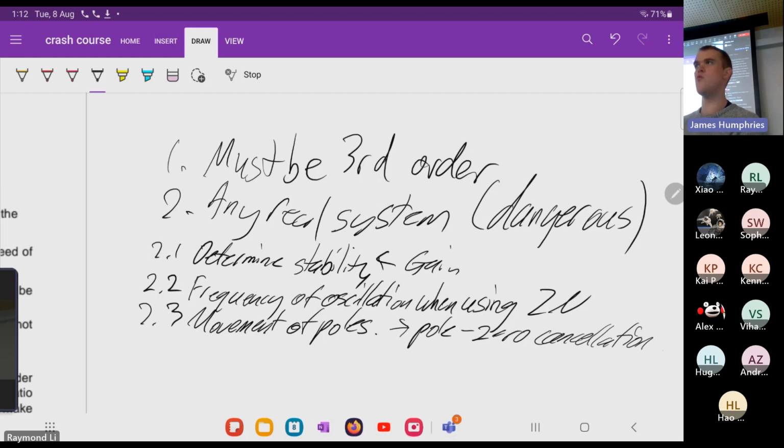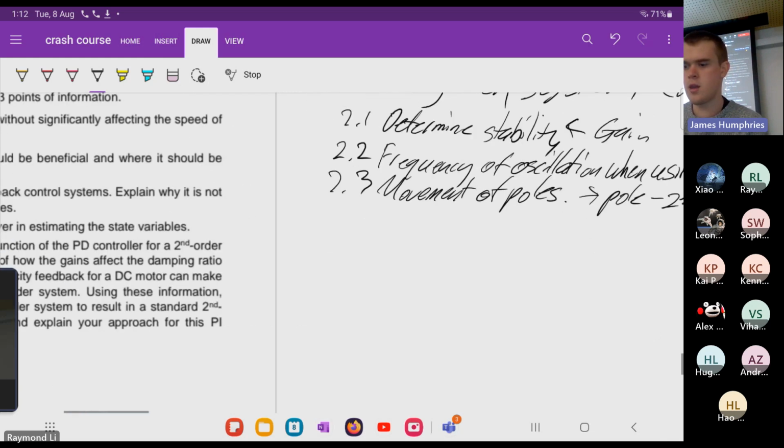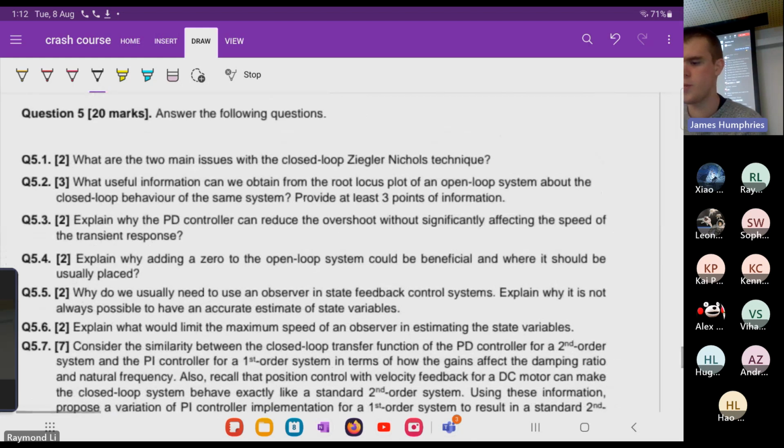Can I move one of my poles to cancel out a zero to make my system even simpler? Does that make sense? Cool. And then 5.3, explain why the PD controller can reduce the overshoot without significantly affecting the speed of the transient response.